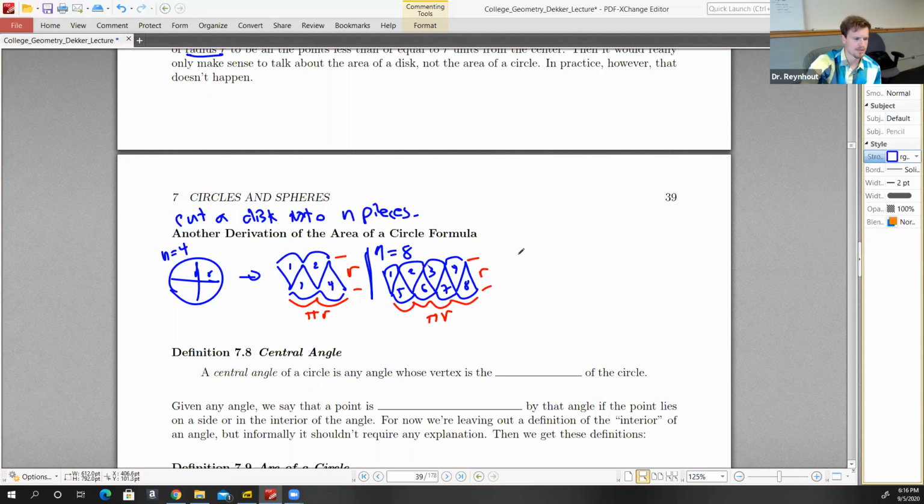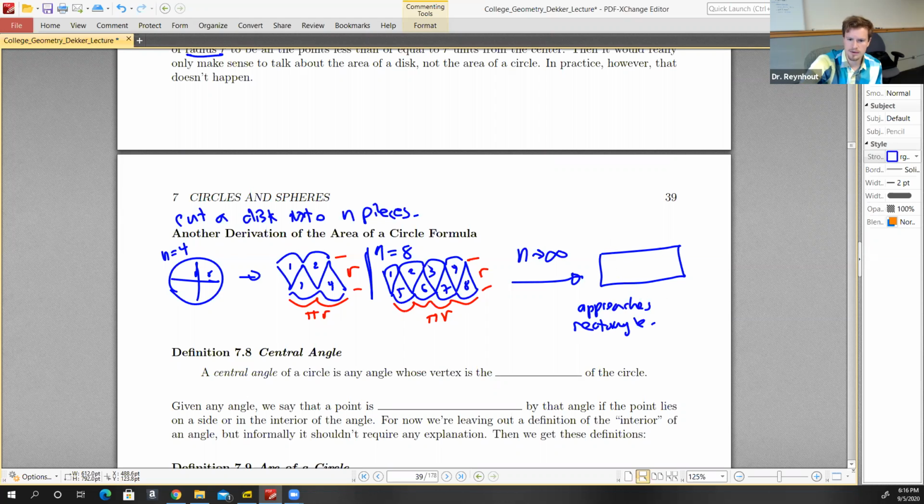But as we let n go to infinity, what happens is the bumps there become so small that it becomes smooth. And we have a rectangle, right? It approaches a rectangle.